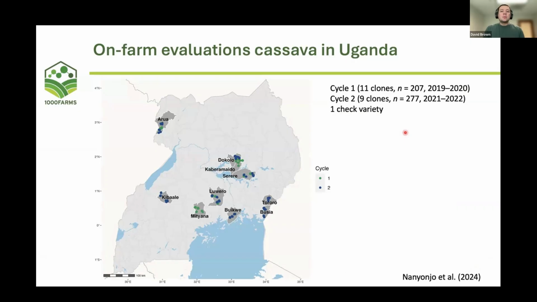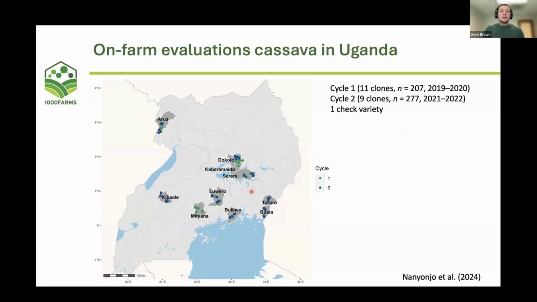So we started with a data set of two different cycles. Each cycle of evaluations of cassava elite clones was conducted in two different seasons. None of the cycles include the same set of clones or genotypes, and one check variety.